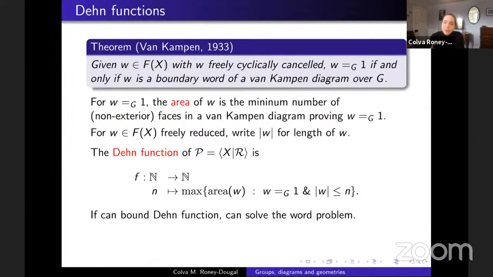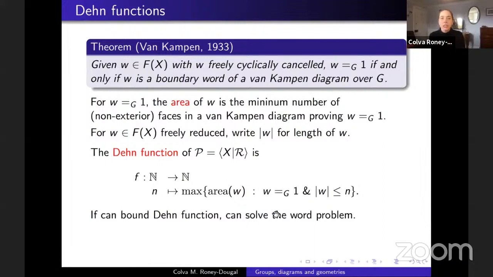If I can bound the Dehn function, so if I can find an upper bound on how many faces are in the diagram, then we can improve the silly algorithm I gave for solving the word problem before, where I said we just look for our word W by testing longer and longer conjugates of relators.